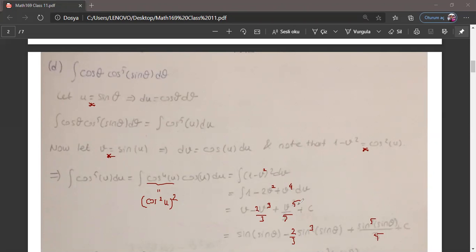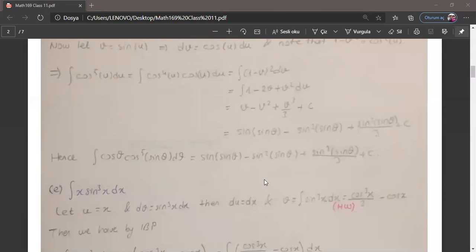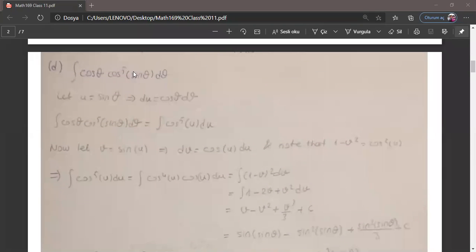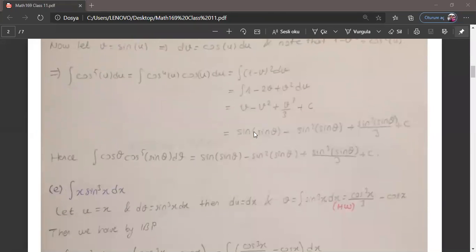So this is the correct answer. Sorry about that. So we were given this integral before, and it is exactly equal to that one. You see everything is in terms of theta, so we're done.